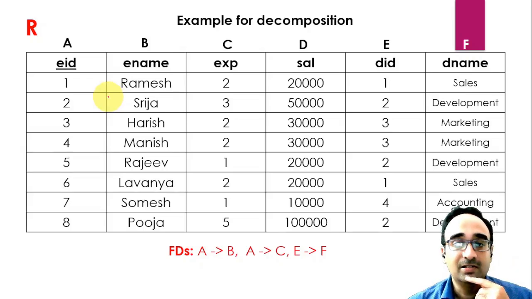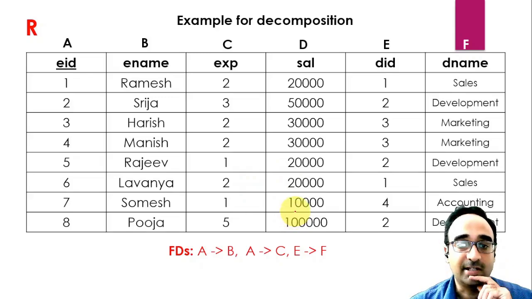Second normal form is violated only when there are partial dependencies, and you get partial dependencies only when you have a composite key, that is, the key has more than one attribute. Here there is only one attribute, so there will be no partial dependencies, and the table is in second normal form.